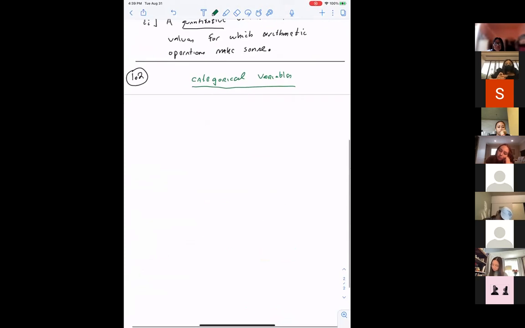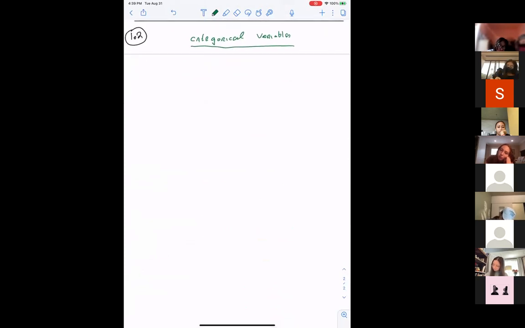Okay, categorical variables. Who knows, not because they're looking down at the book, because they happen to know beforehand, the two types of pictures that we use, as a general rule, to graphically visualize data that comes from a categorical variable situation.